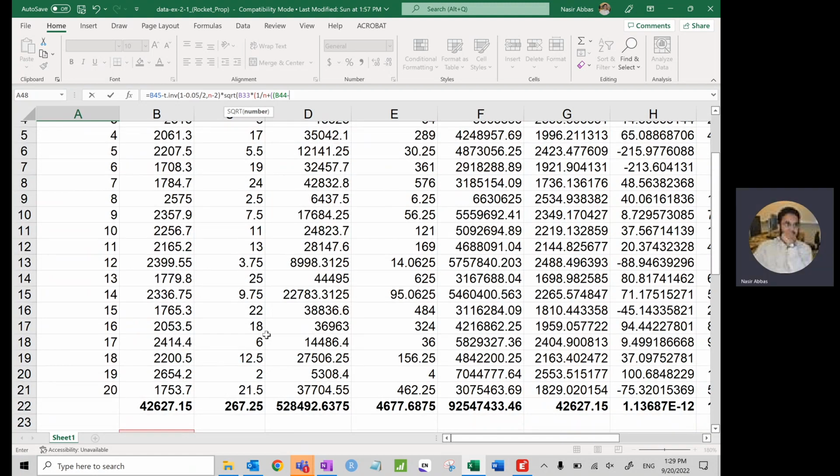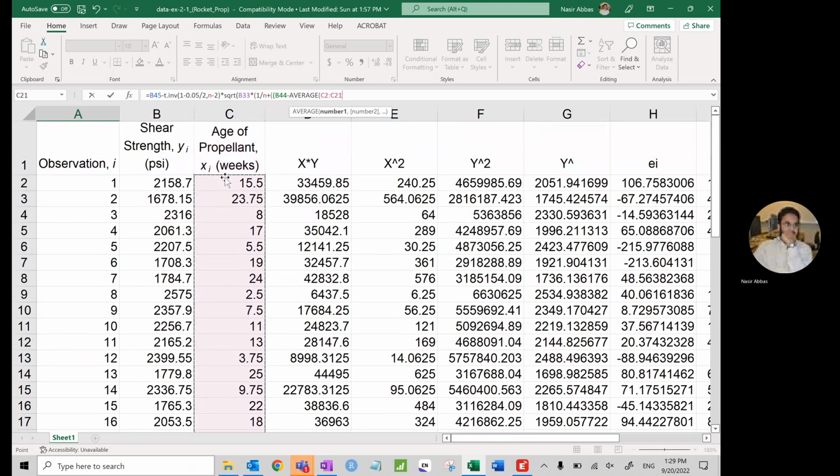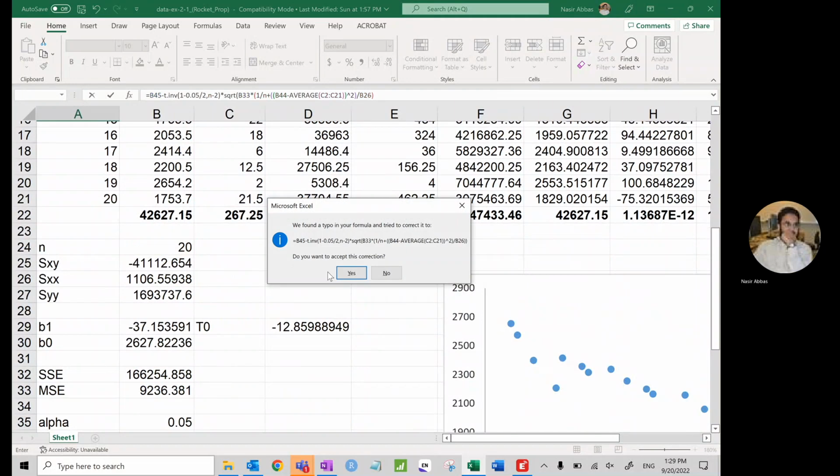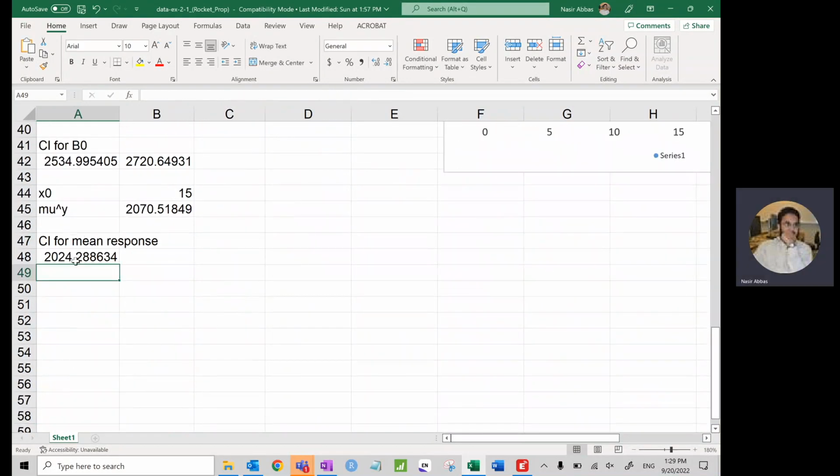So I have x naught minus, I don't have x bar, so I'll just take the average of these x's. And then I have whole square. And then I have sxx. I think I have sxx. This sxx. So this is the lower limit, 2024 point something.